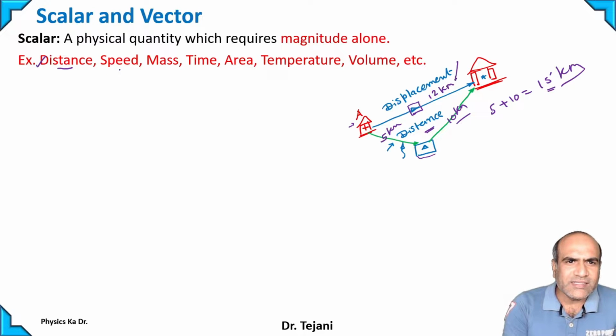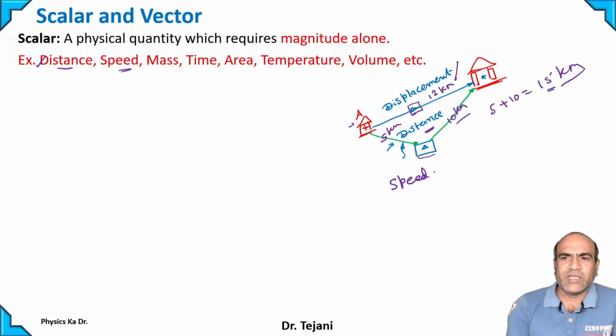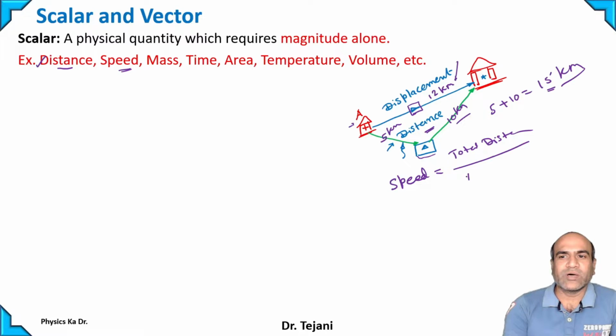Now let us understand the second part, that is speed. What is speed? We already understood speed is equal to total distance traveled divided by total time, or you can say time taken.